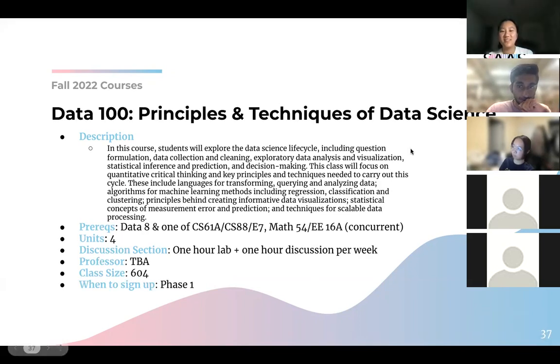Okay, we're moving on to Data 100, which is, again, a very popular class. Essentially, this is just going through the entire data science lifecycle, including question formulation, data transformation, cleaning, EDA and visualization, inference and prediction, and decision making.